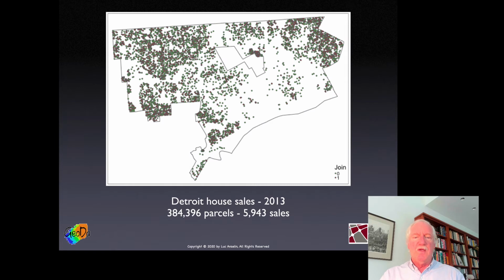But in this particular example, and this is a real study, it was the case. So we have a map. This is for 2013 in the city of Detroit. We have almost 385,000 parcels. Those are our observations. And of those 385,000, there were almost 6,000 sales.